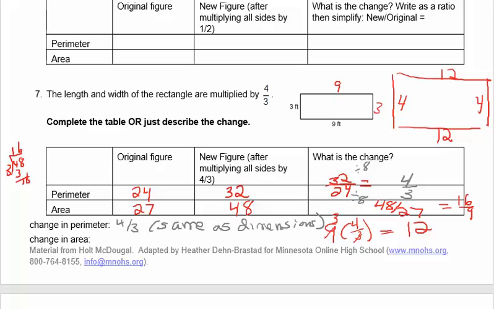So the change in area is 16/9, which is equal to 4/3 squared.